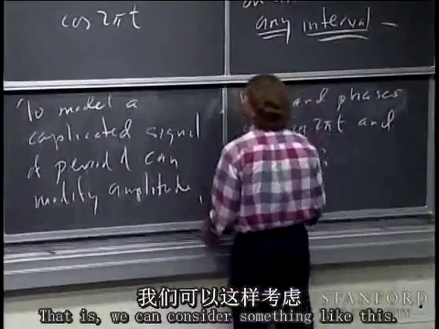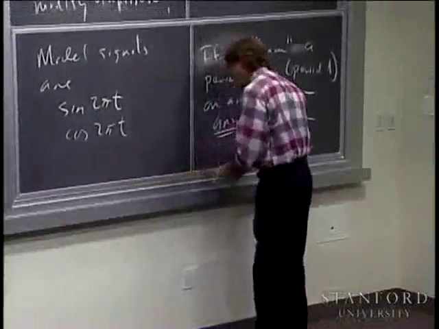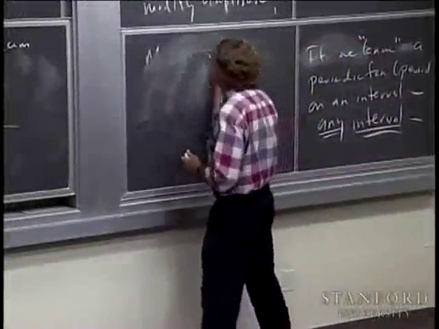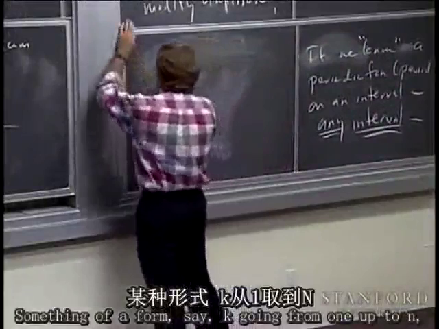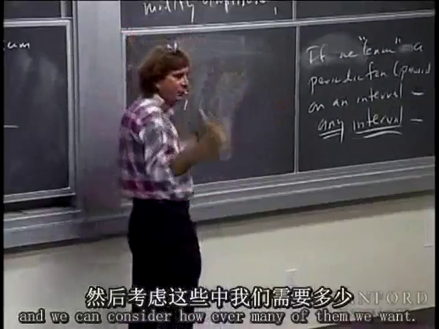That is, we can consider something like this. Something of the form, say, k going from 1 up to n, and we can consider however many of them we want.